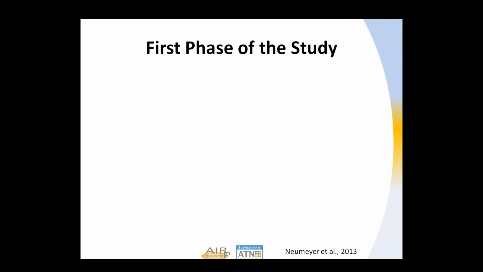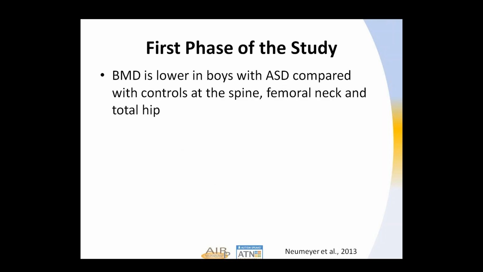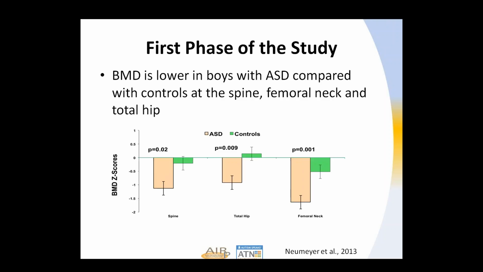So in the first phase of this study, as I started out, we evaluated the bone of 20 boys with autism and 20 typical controls, and we found that the bone mineral density is lower in boys with autism compared to the controls at the spine, femoral neck, and total hip.